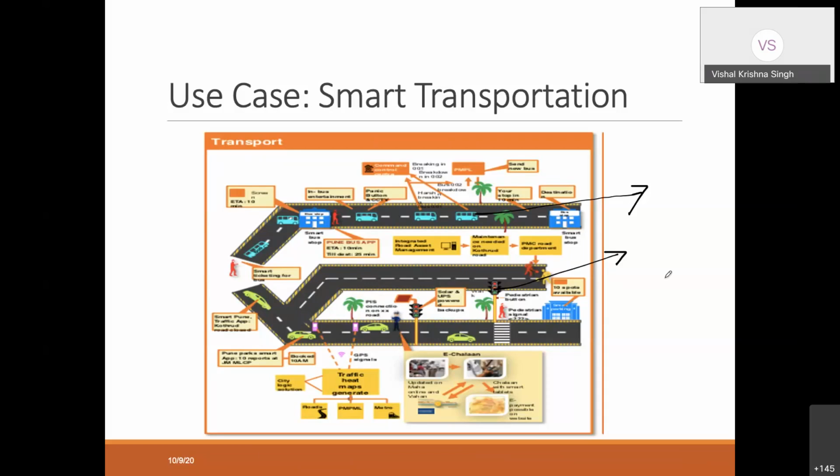Similarly, with surveillance systems, we can have alarms, and we can have all the issues of security addressed from over there.